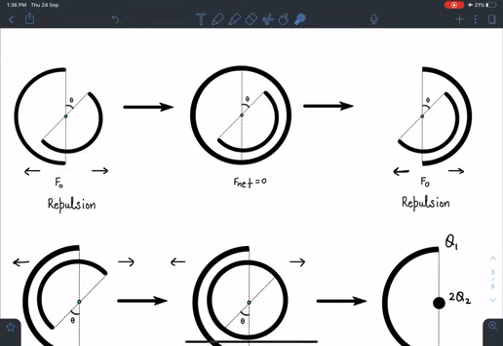All right, now you see here, if I try to complete this shell here, it will be like a complete shell. For a uniformly charged complete shell, electric field inside is going to be 0.